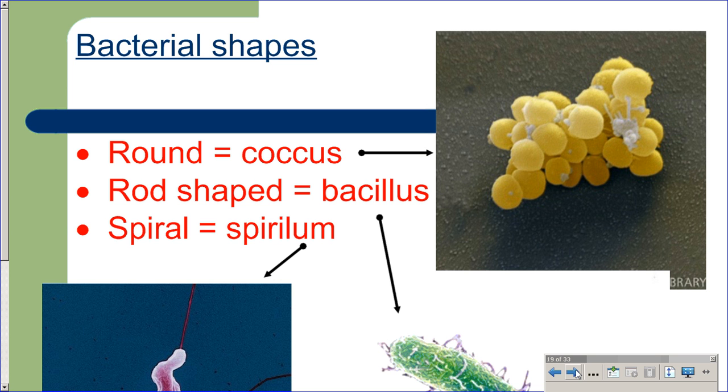So characteristics by shape, and then the 3 types of shapes. And you can even draw the little shapes if you want to.